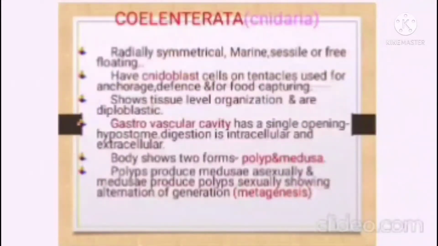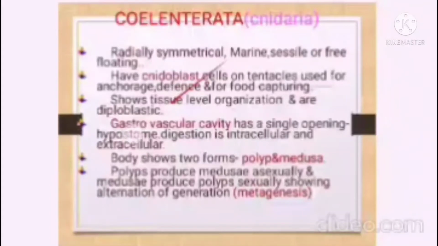So for capturing food as well as for defense, these tentacles and cnidoblast cells play a major role. Next, they show a tissue level of organization. From the cellular level, cells combine together to form tissues. Organs are not present, but tissues perform the functions of the organism.